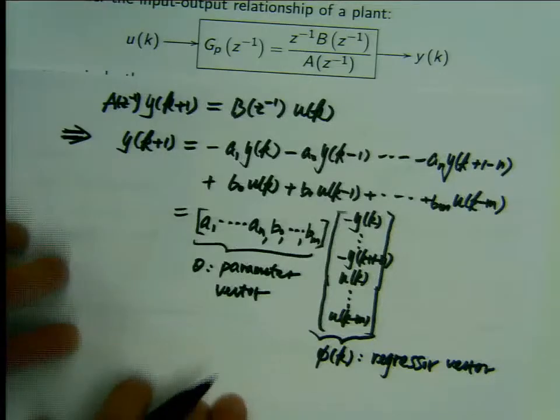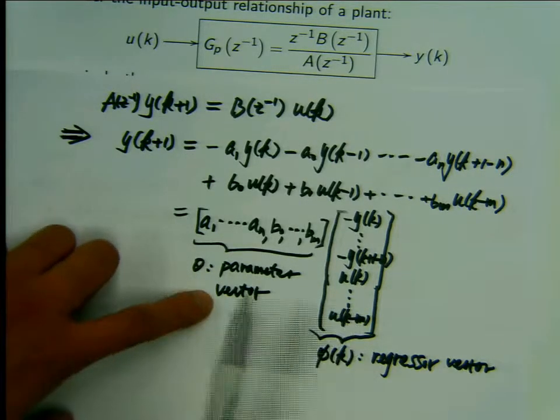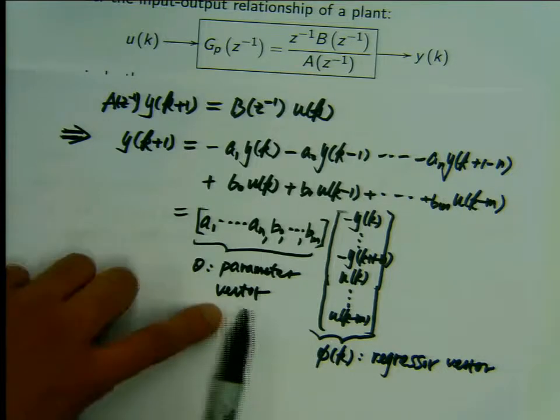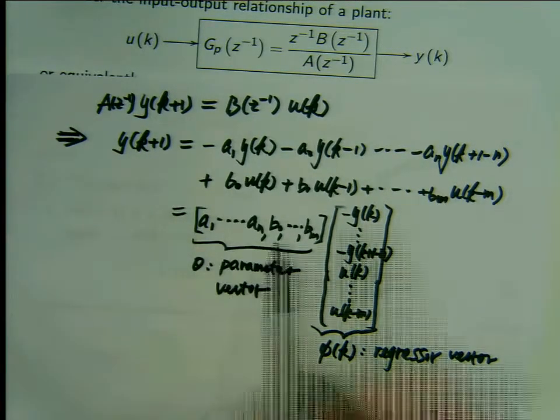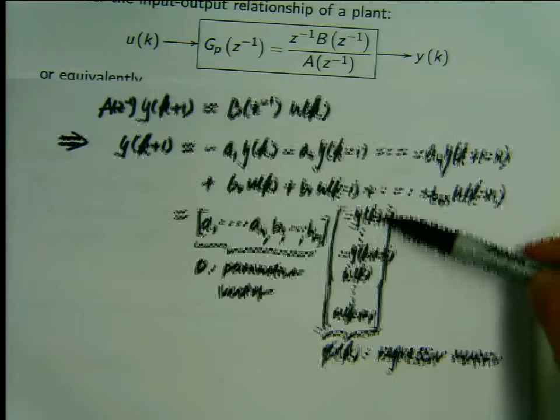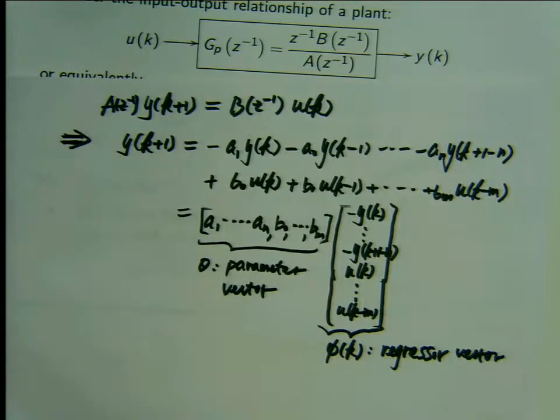But the central message, first of all, is that this is a linear system. When you see this, you should immediately see that this is a linear system. The coefficients are these, and the output depends linearly on the previous output and the control input. Okay.